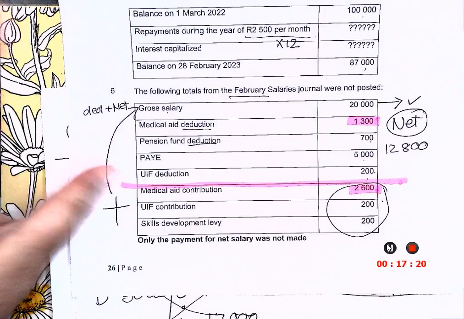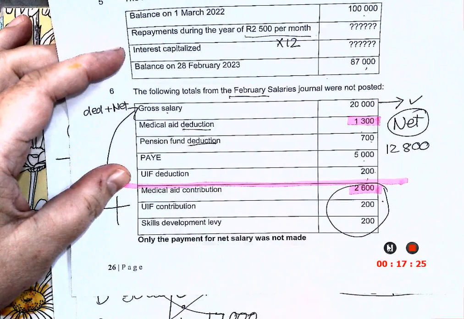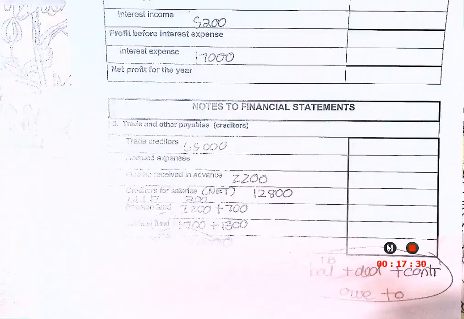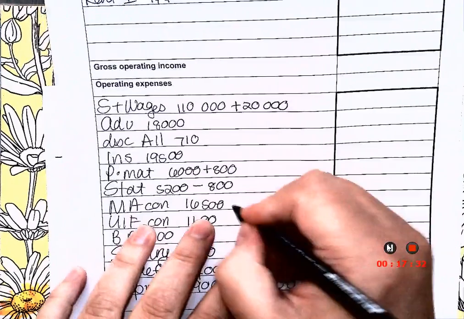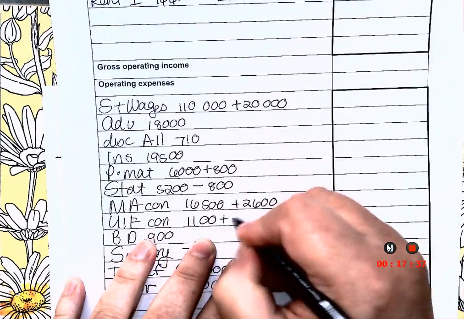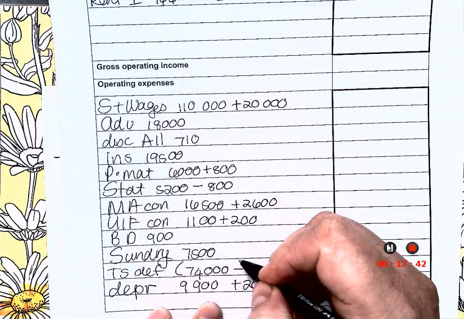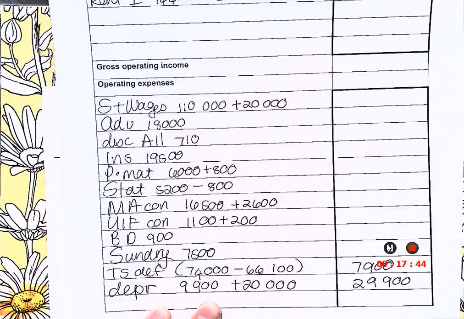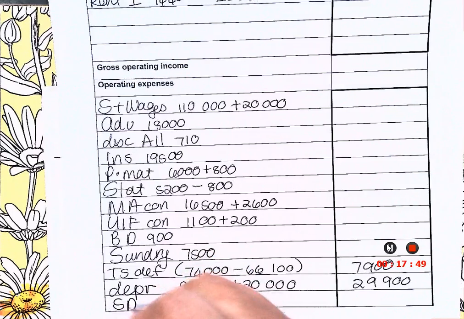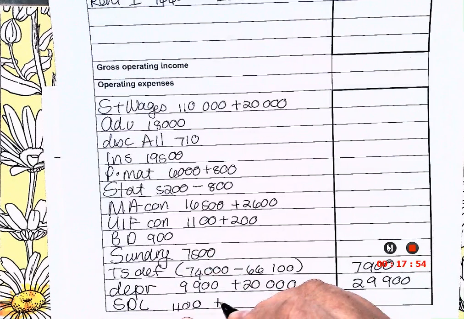Okay. So now, let's look. Those contributions are now making my expense more. Remember, if I go to the income statement, I know my medical aid contribution goes up, my UIF contribution goes up, and my skills development levy was the one. Why didn't I put that in? Skills development levy is also going up.